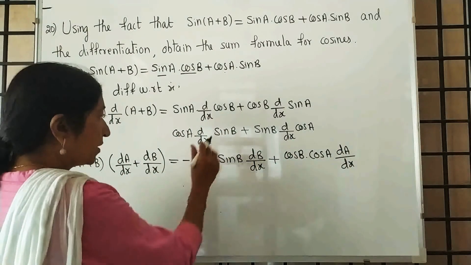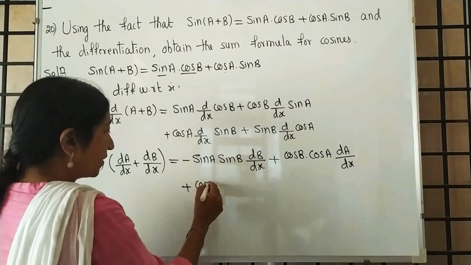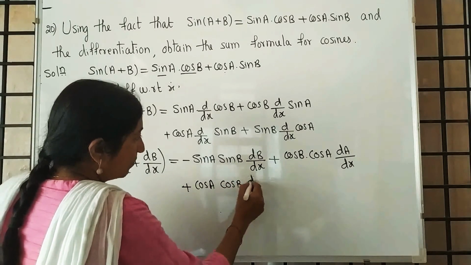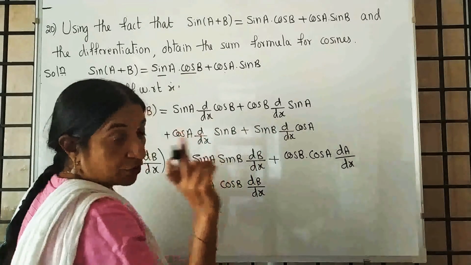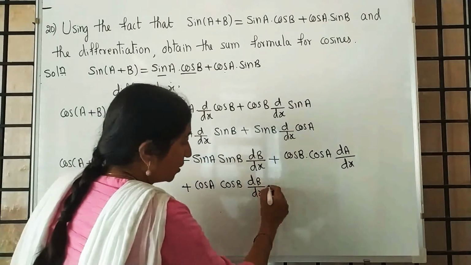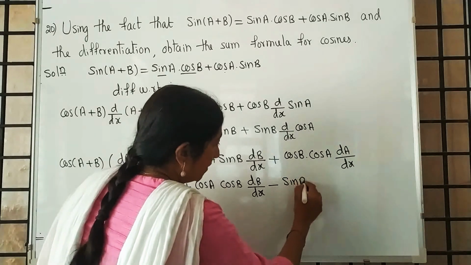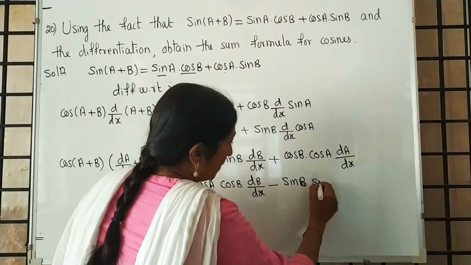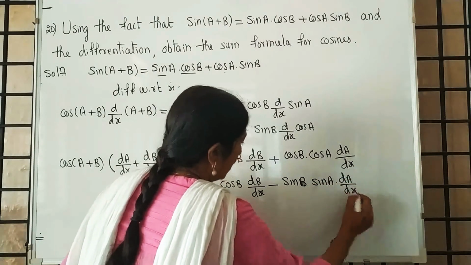And below, cos A as it is, differentiation of sin B is cos B into dB upon dx, and differentiation of cos is minus, that's why this plus changes to minus, sin B into sin A into dA upon dx.